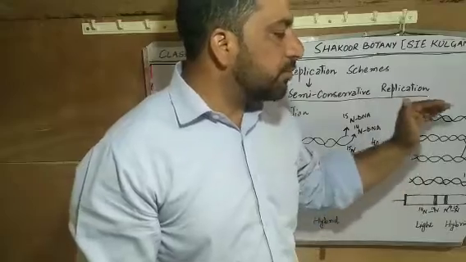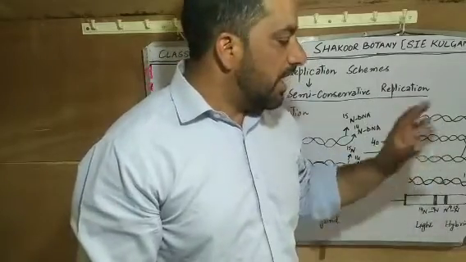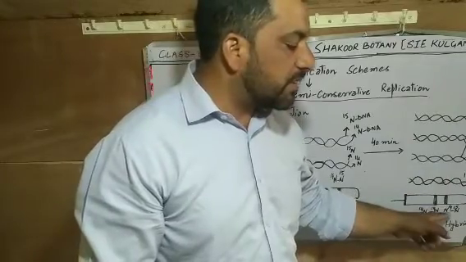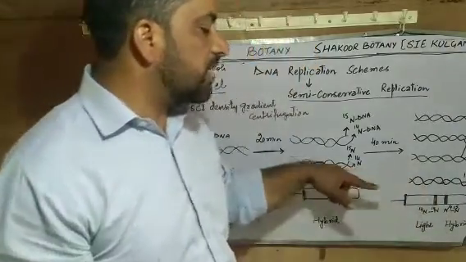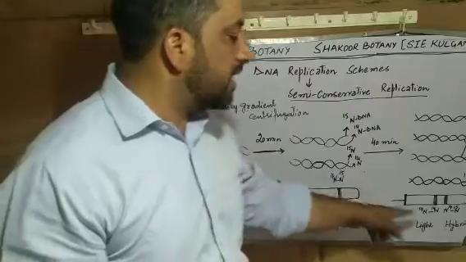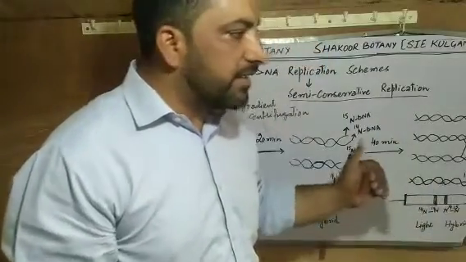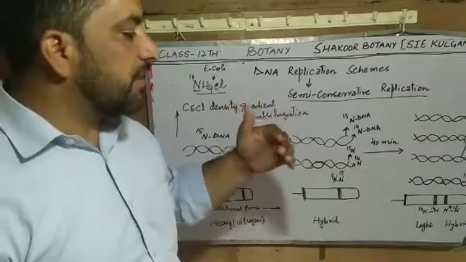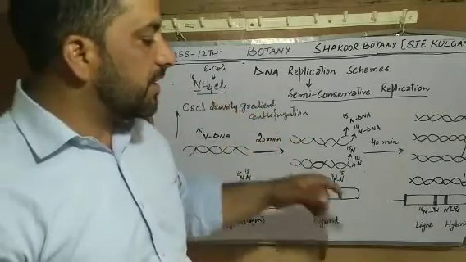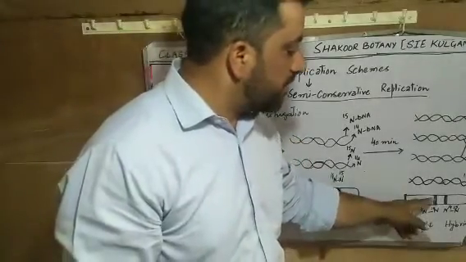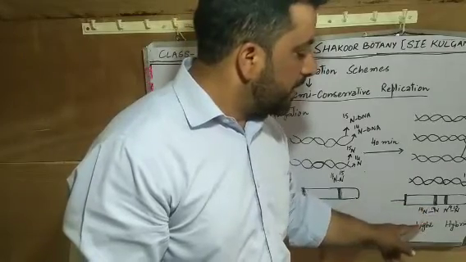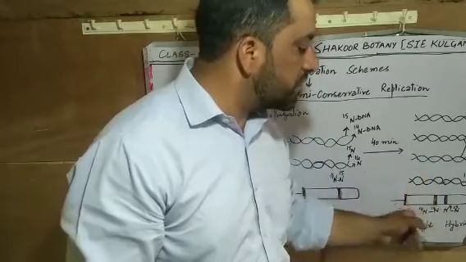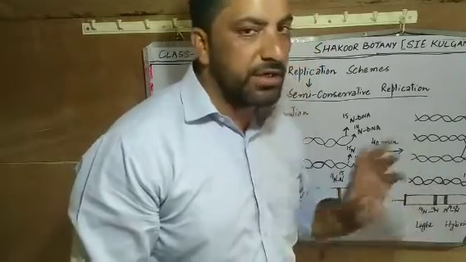After 40 minutes 4 DNA molecules were formed, and 2 bands were observed. One band was at the same position as before at 20 minutes, that is the hybrid band, and another band was much away from the center, because this band represents the DNA in whose both strands only N14 is present.